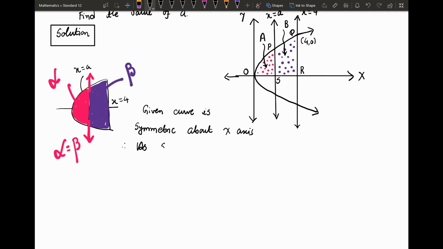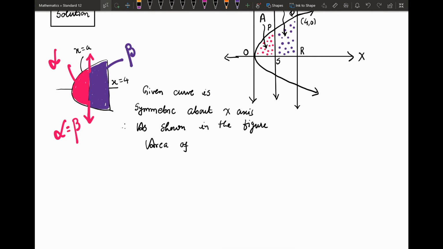Therefore, as shown in the figure, area of OPSO, that is portion B. As shown in the figure, area of A and area of B are equal.